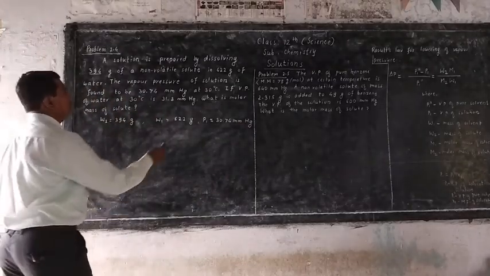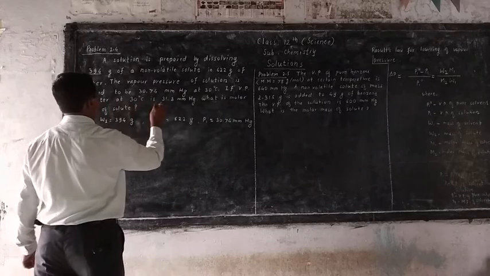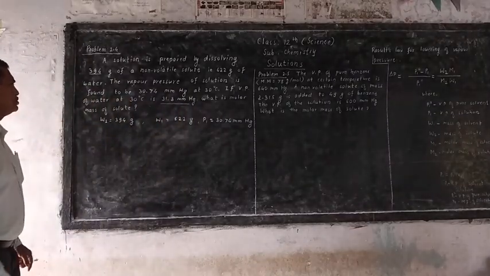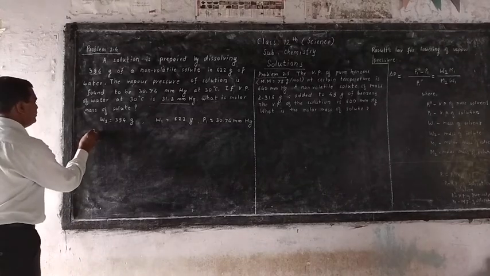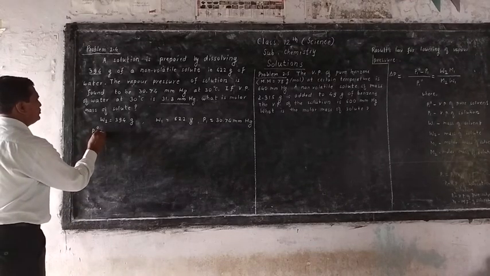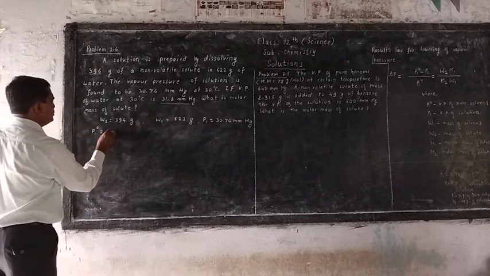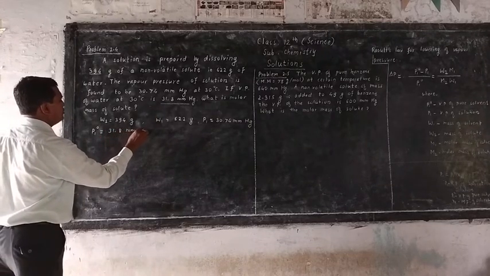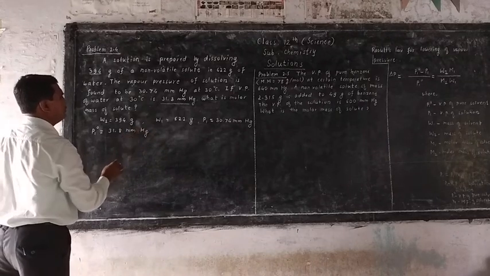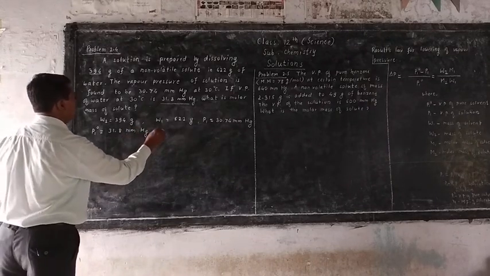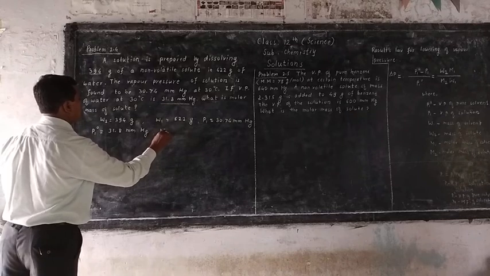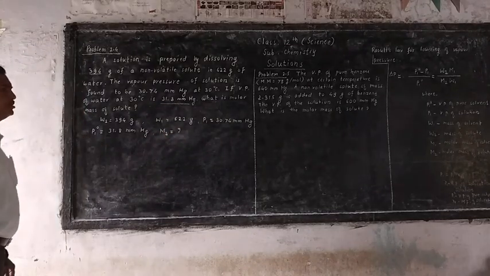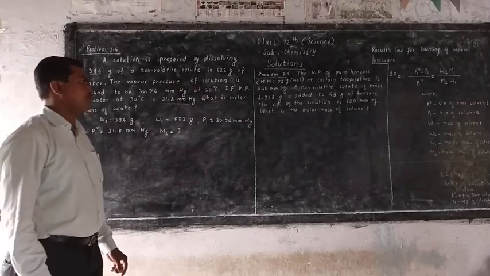And the vapor pressure of water, the pure component, will be P10 is equal to 31.8 mm of mercury. So what will be molar mass? Molar mass of solute is to be found out. So we have to find out M2.